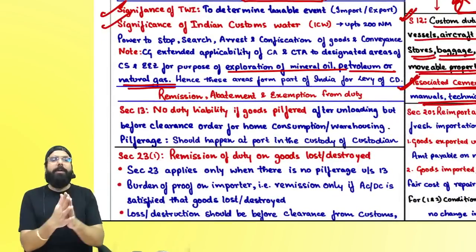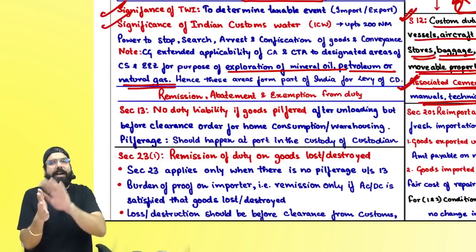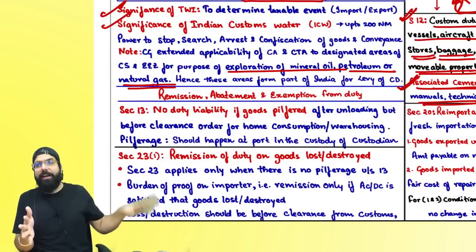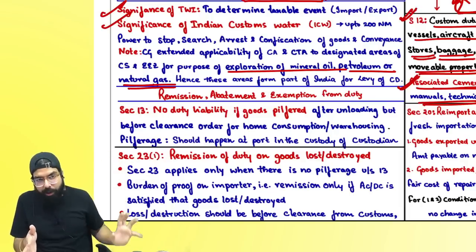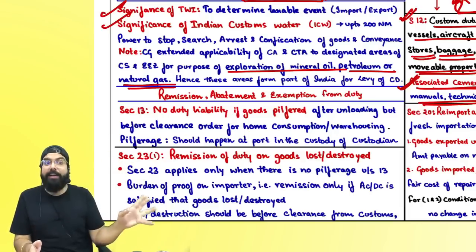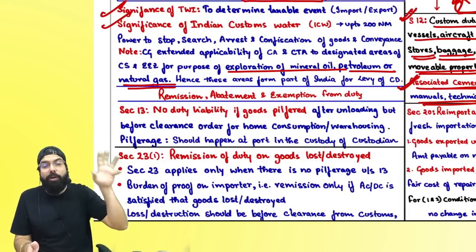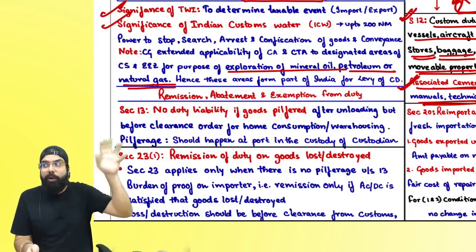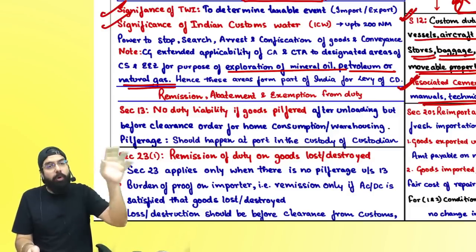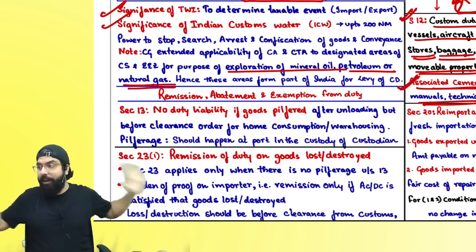The central government has extended the applicability of both Acts to those specified areas, and hence not the entire exclusive economic zone but only the specified area where oil exploration etc. is happening. Those places become part of India.